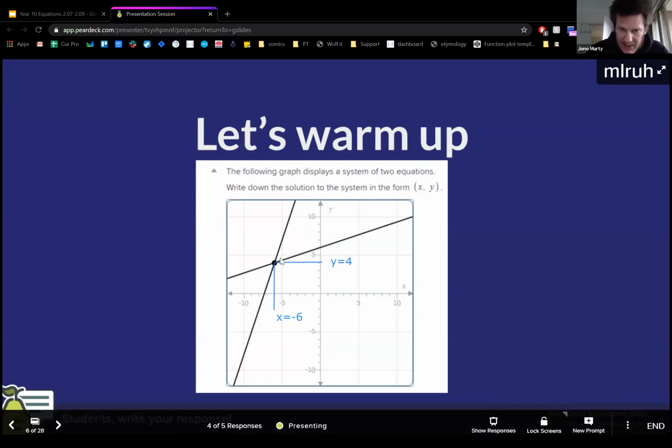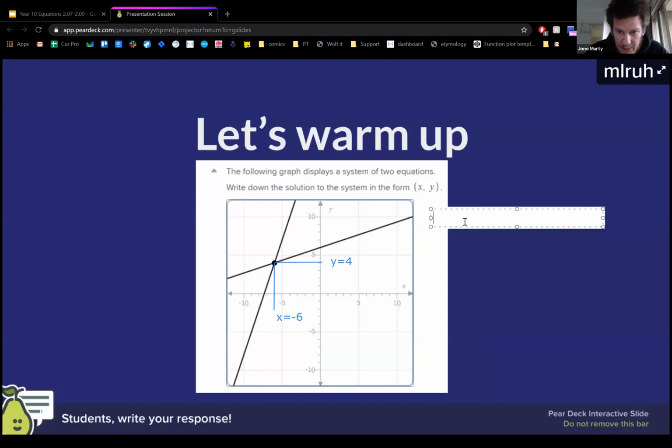Just graphically, we can see the solution. If we had to figure out what these equations were from the graph, we can do that too. We can see this equation here. If we have y equals mx plus c, we know that c in this case is 6, as it has a y-intercept of 6.